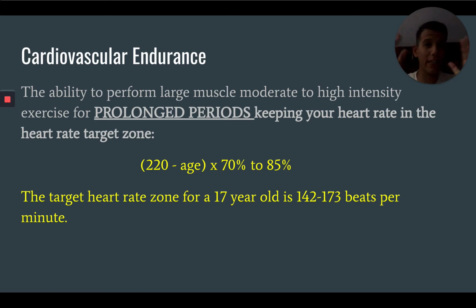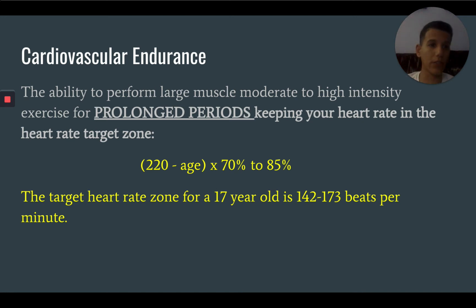So it's between the range of 70 to 85% of your maximum. So that's your target zone, and it's kind of like what you're looking to reach to get your cardiovascular endurance. For example, a target heart rate zone for a 17-year-old is 142 to 173 beats per minute. So checking your heart rate, that would be the target zone.